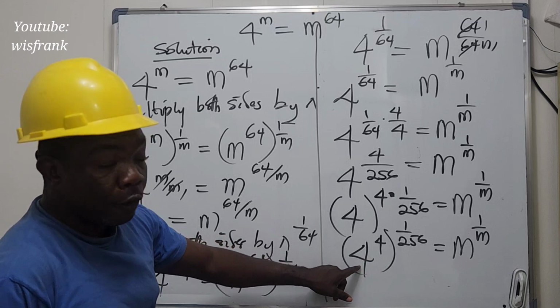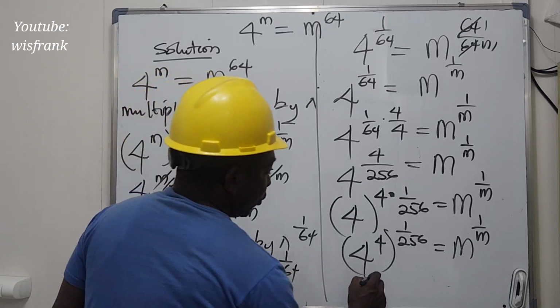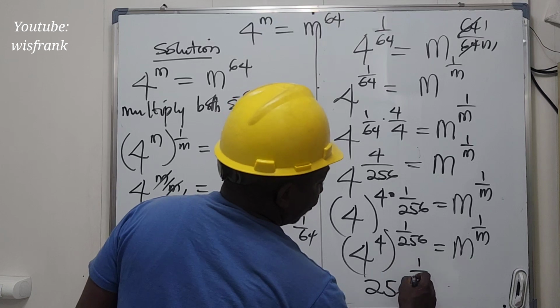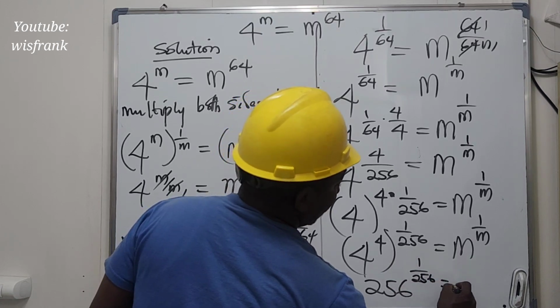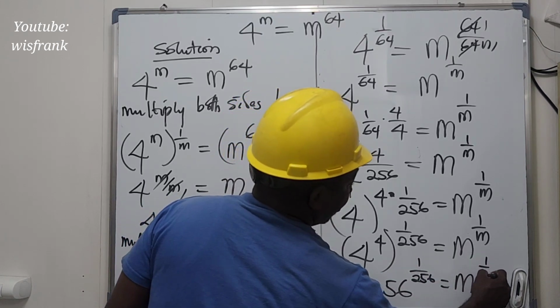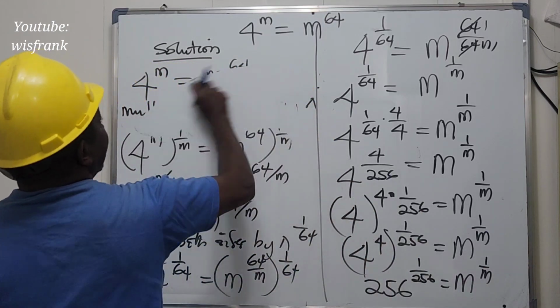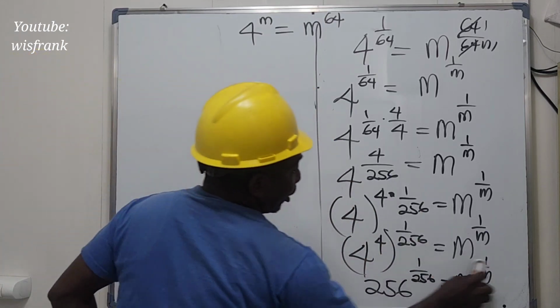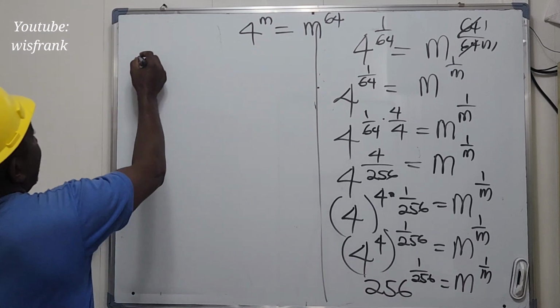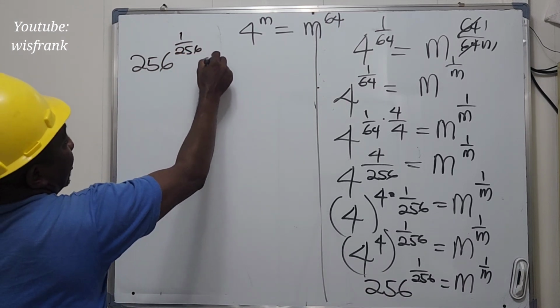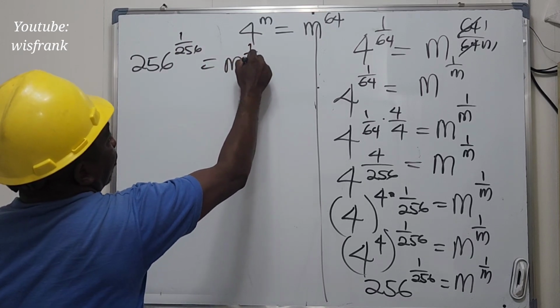So you can see that 4 to the power of 4 equals 256. We have here 256 to the power of 1 over 256 equals m to the power of 1 over m.